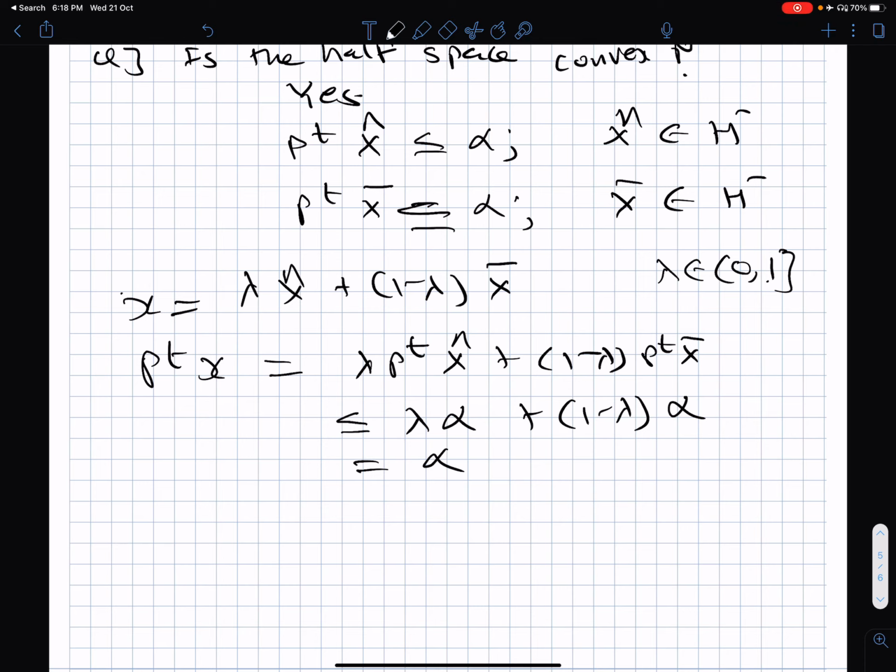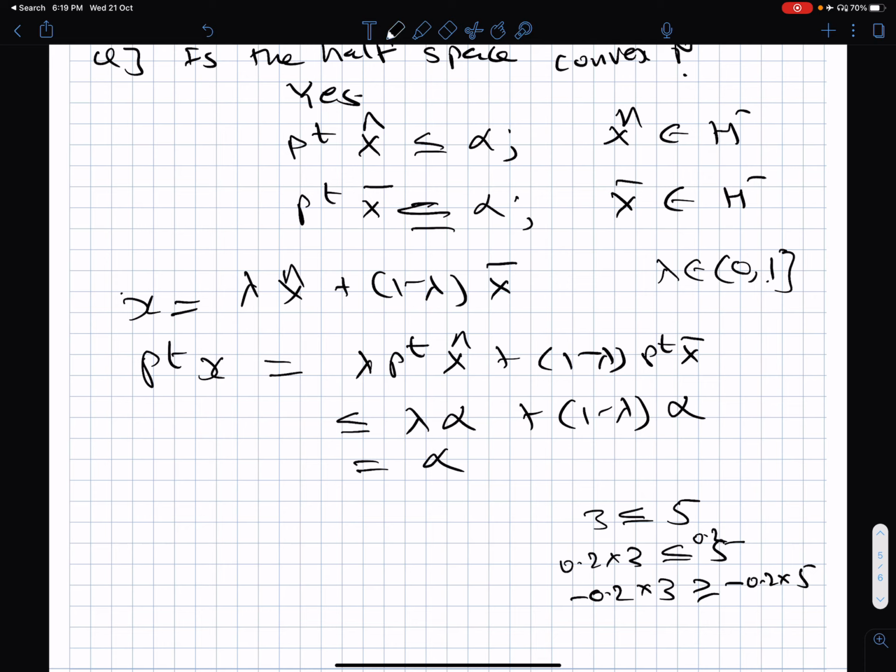To emphasize this point, 3 is less than or equal to 5. If I multiply this by 0.2 on both sides, it remains less than or equal to 5. But if I multiply by minus 0.2, then it becomes greater than or equal to; the inequality changes its sign, is it not? But here in convex combinations, I don't have to worry because the multiplication factors are positive.